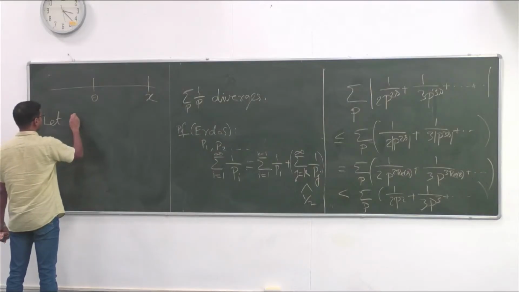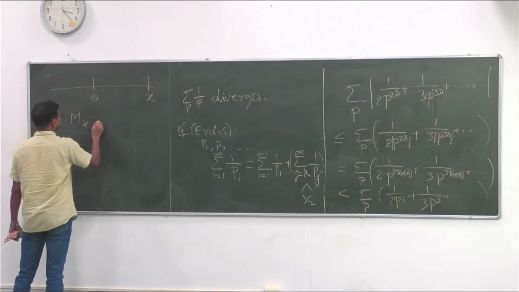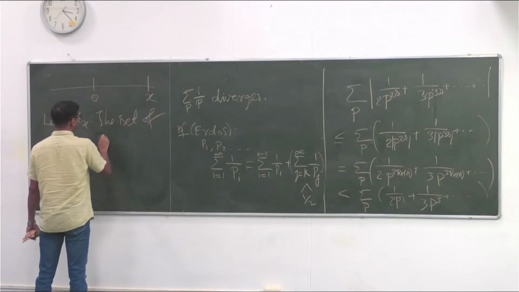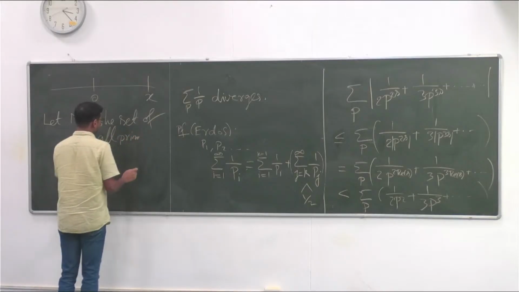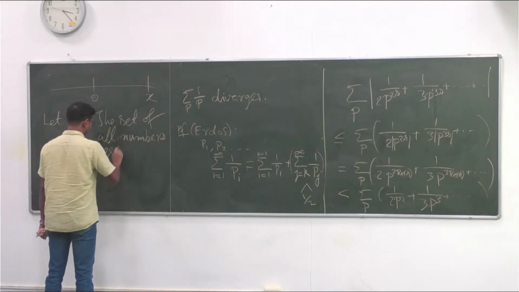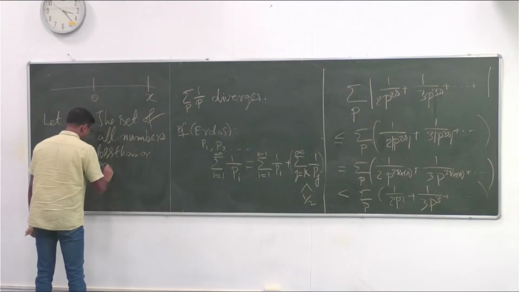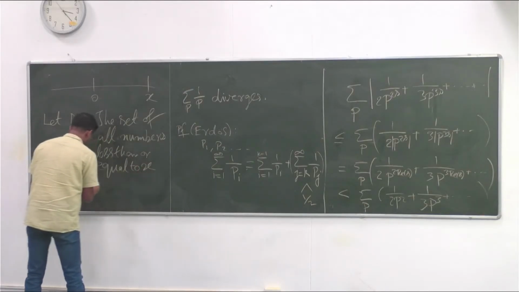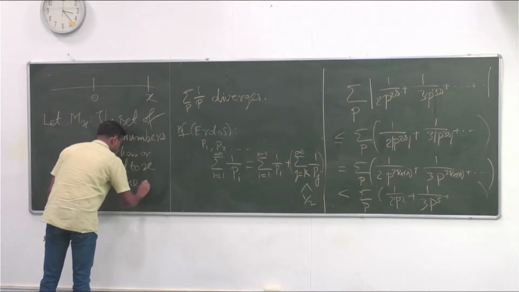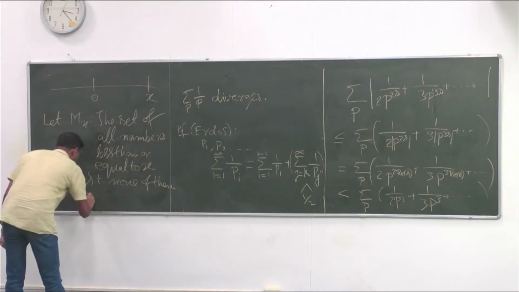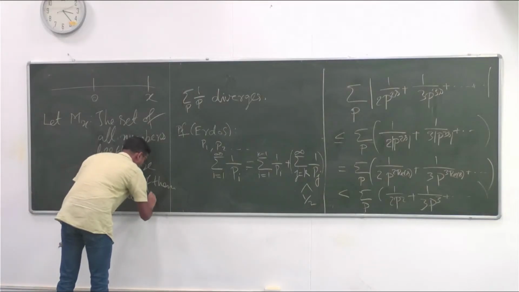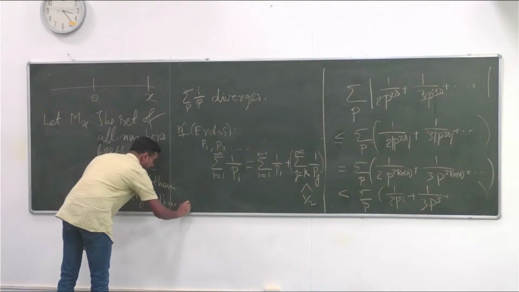Let us call this set Mx, the set of all numbers less than or equal to x such that none of them are divisible by pk, pk plus 1, or any higher primes.